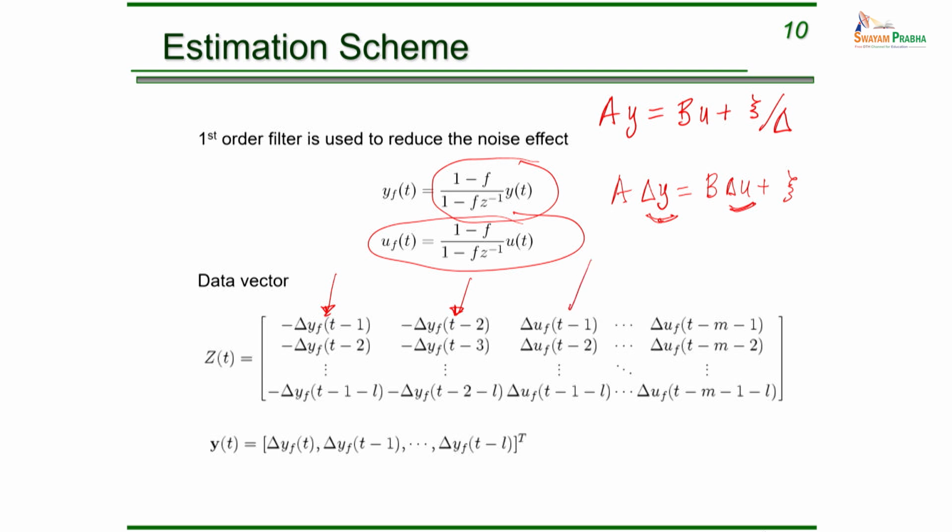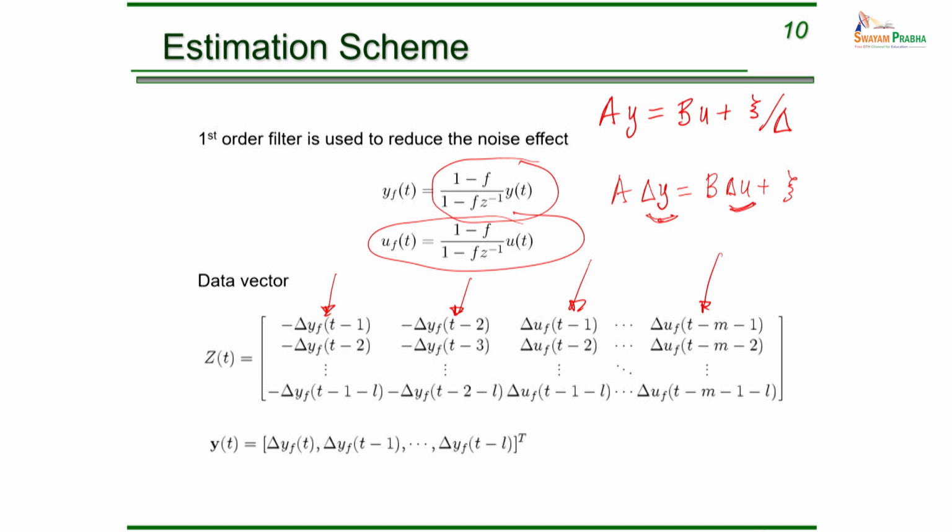And we also have several columns of the input. If we don't know the number of sample time delays in the input, we have to have many more terms in the B polynomial in the discrete transfer function.